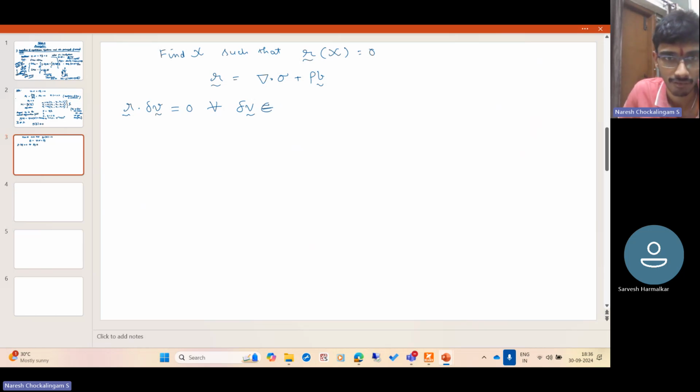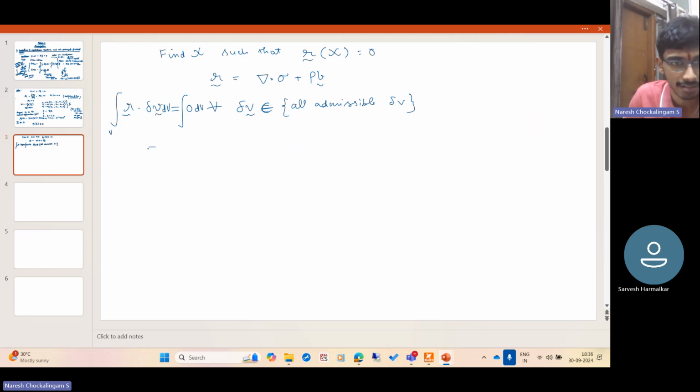So this is some set of all admissible velocity fields, right? And you can also integrate it over the volume so that you get a scalar. So integrate it over the entire volume.